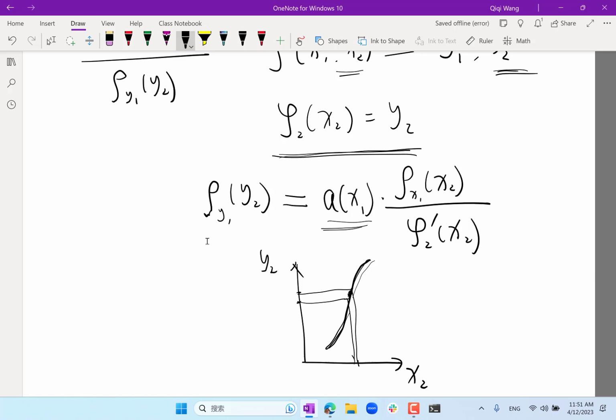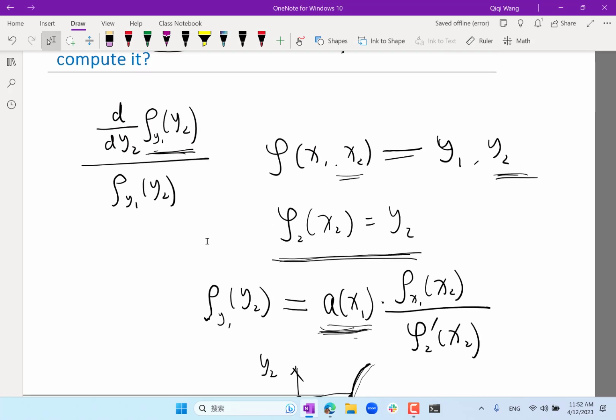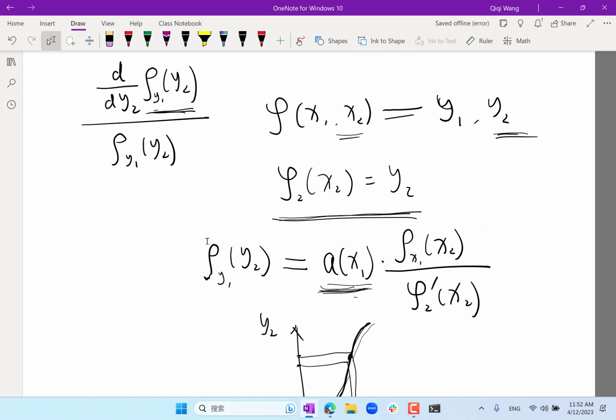Okay, and the only reason there is a multiplying factor in x1 is that in the x direction, you might be defining the measure, the outer measure, d rho x1 versus d rho y1, in a different way.